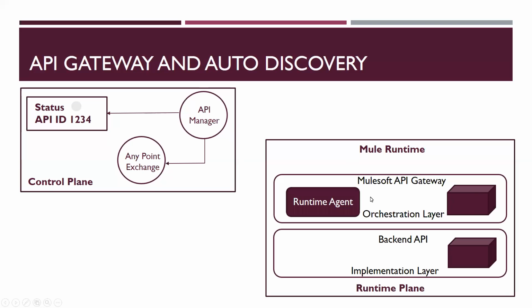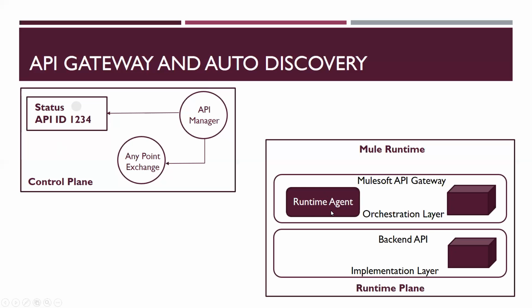Now, how will this Mule runtime and the control plane communicate with each other? There is a runtime agent. That is responsible for communication between the Mule runtime and the control plane. The Mule runtime agent has many tasks. For example, it communicates between the control plane and Mule runtime. Also, it keeps checking the health of the Mule worker.